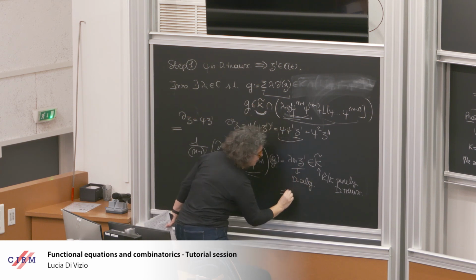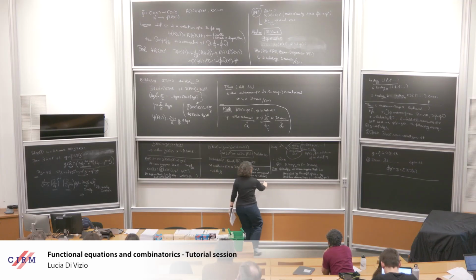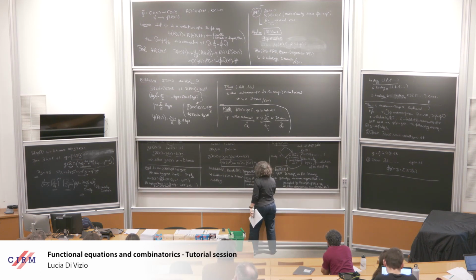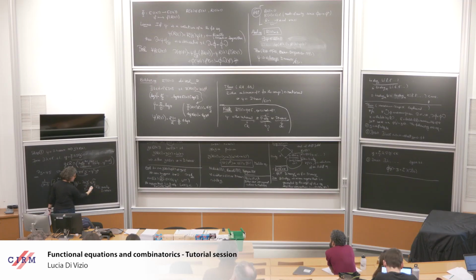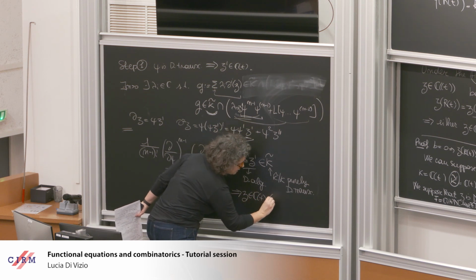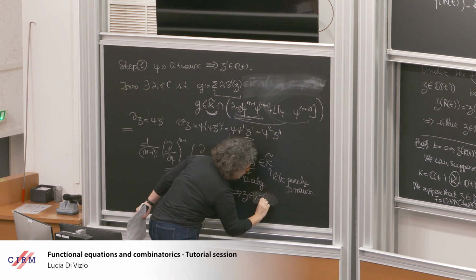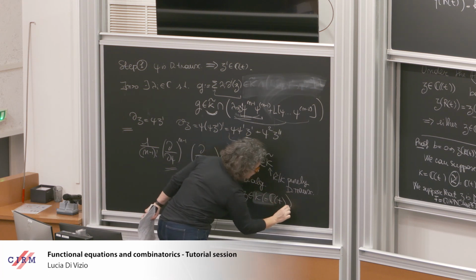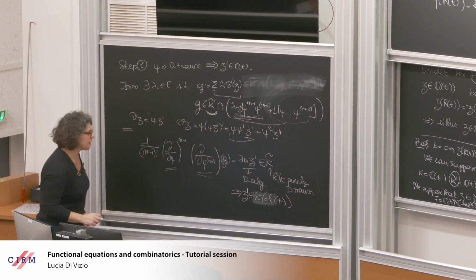So the only possibility, which is the meaning of this remark here, is that we have an extension of the rational functions where there is nothing which is a solution of a differential equation, and we have something which is a solution of a differential equation. Well, the only possibility is that z prime belongs to K, which is the rational function. Okay, z prime. So it's not done yet.